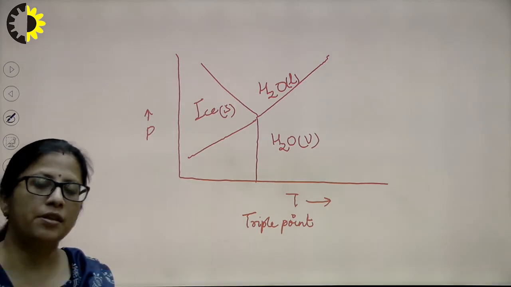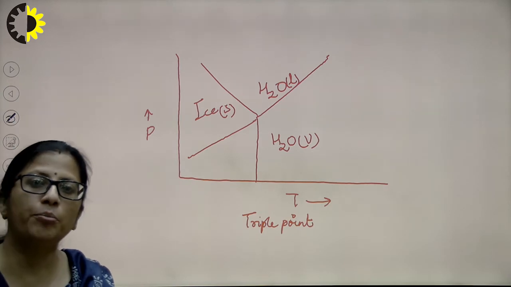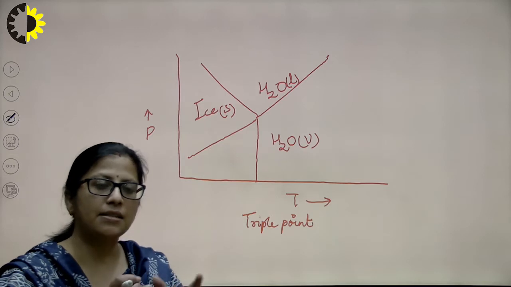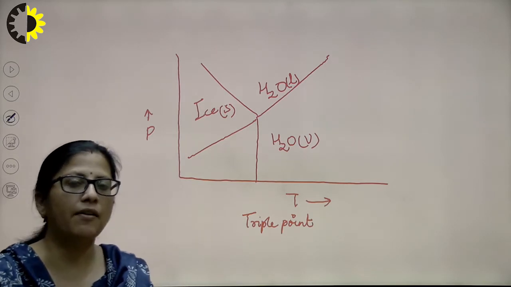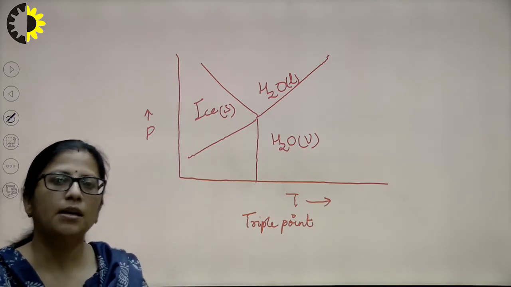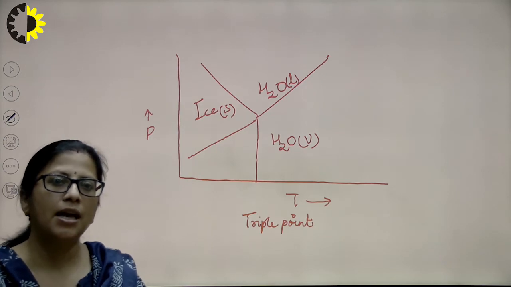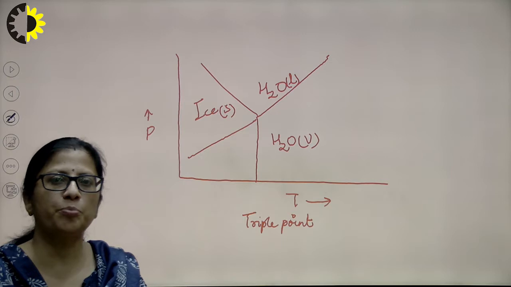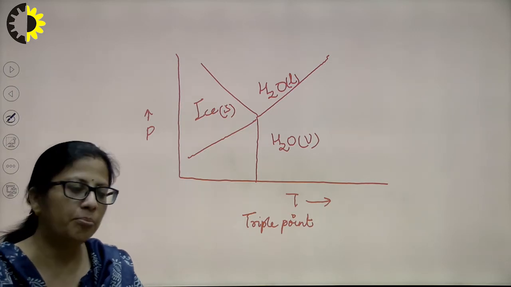melts with a decrease in volume, and this can be attributed to the structure of ice, because ice has air cavities inside. So ice is solid, but it has air cavities in it, and when we heat ice, the hydrogen bonding present between the molecules breaks down.